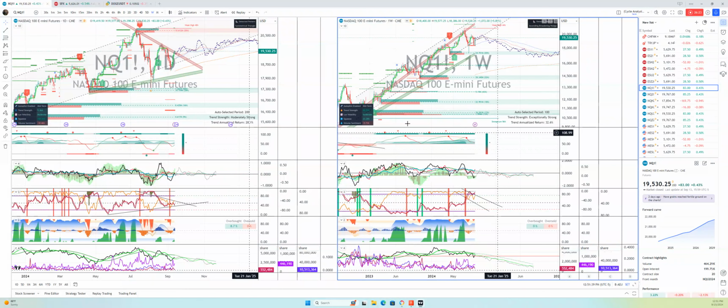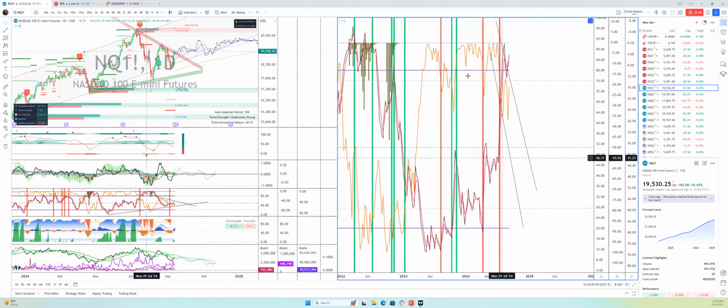I could go through all of those ETFs. I could go through the futures as well, but this one right here is unique compared to the rest of them. The indicator has already been set off on the NASDAQ futures.